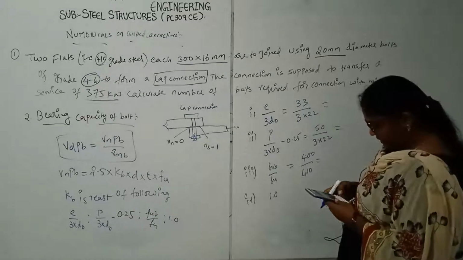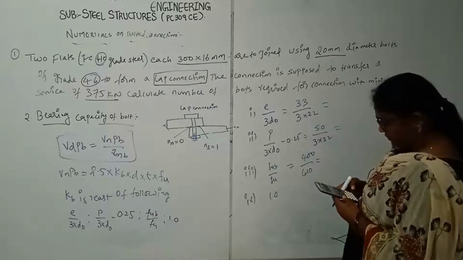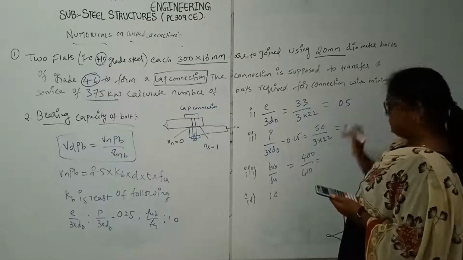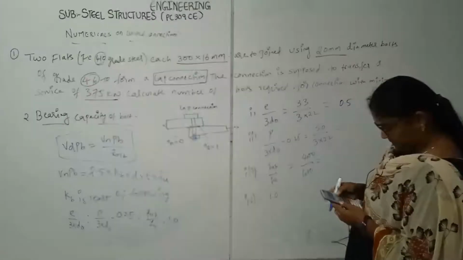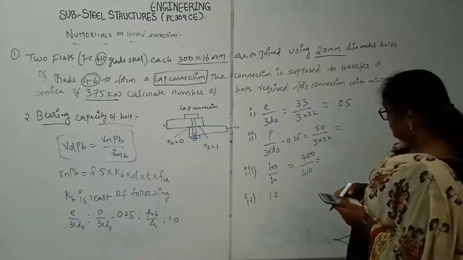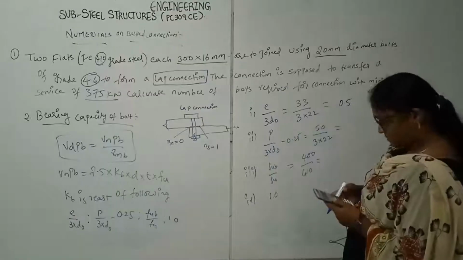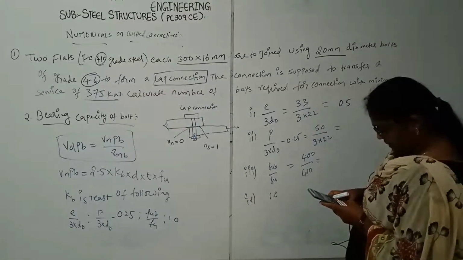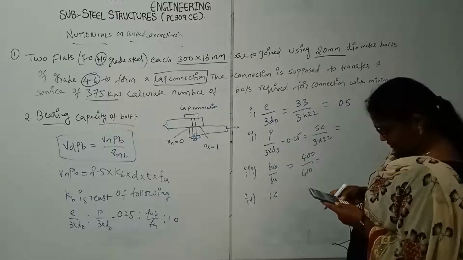So see here what is the value? 33 by 3 into 22. Gets cancelled. 50 by 3 into 22.